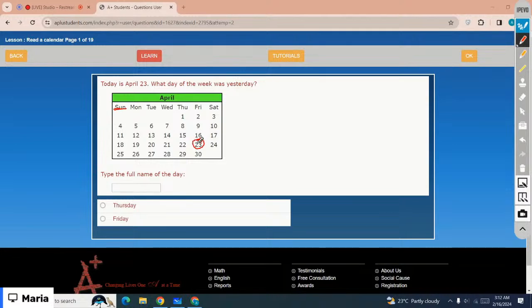Yesterday is the day before today, right? So if today is 23, yesterday is the day that already passed. So 22 is the day that would be yesterday, 24 is tomorrow, and 22 is yesterday. So the correct option is Thursday.